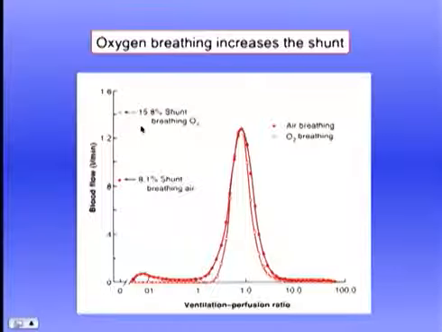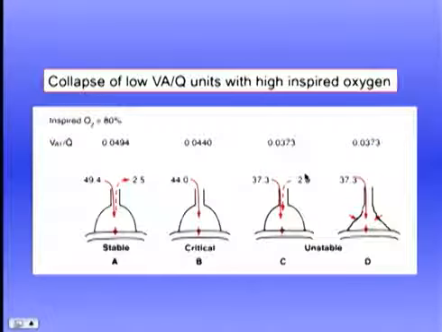So the most likely explanation there is that the low VA/Q units were converted into unventilated units. And the mechanism of that is shown here. I'm not going to go into the details of it, but just to show you that if you have lung units with a very low ventilation perfusion ratio, now we're showing here the inspired ventilation over the perfusion here, and it's quite a low ratio, as you can see.